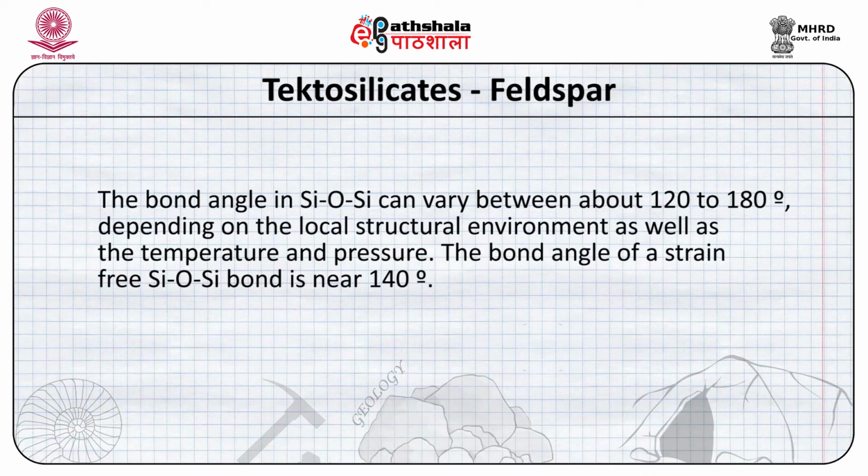If the silicon and oxygen bond is without any strain, then the silicon-oxygen-silicon bond angle is 140 degrees. However, if this is not so, that is, if there are other cations which change this bond angle, then this bond angle can vary between 120 to 180 degrees.